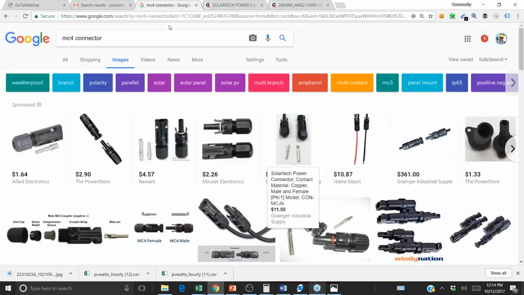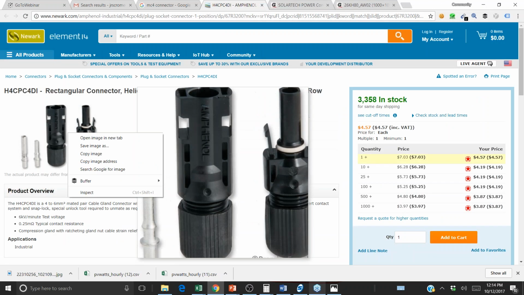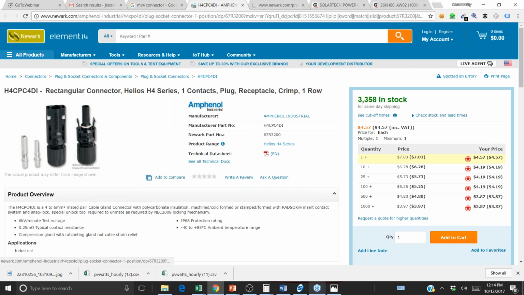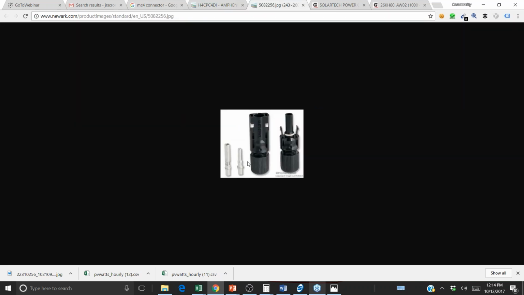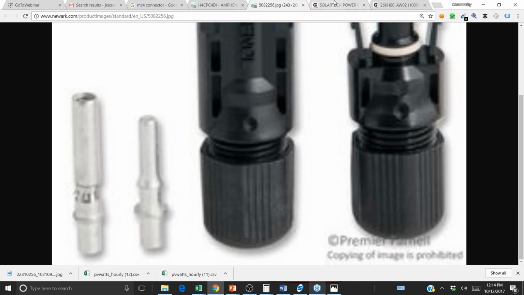We can go look at some other MC4 connectors. It's the same housing, it's the same plug, but instead of having the metal half cylinder, it has a full cylinder that it gets pushed into, and it crimps all the way around the wire and not just around 90% of it.